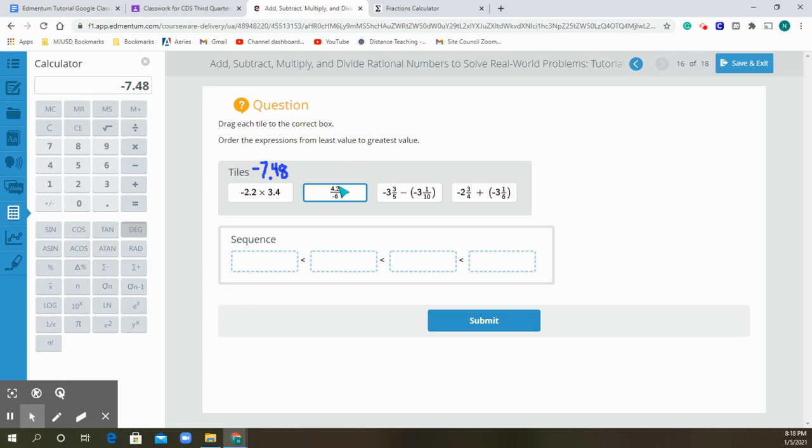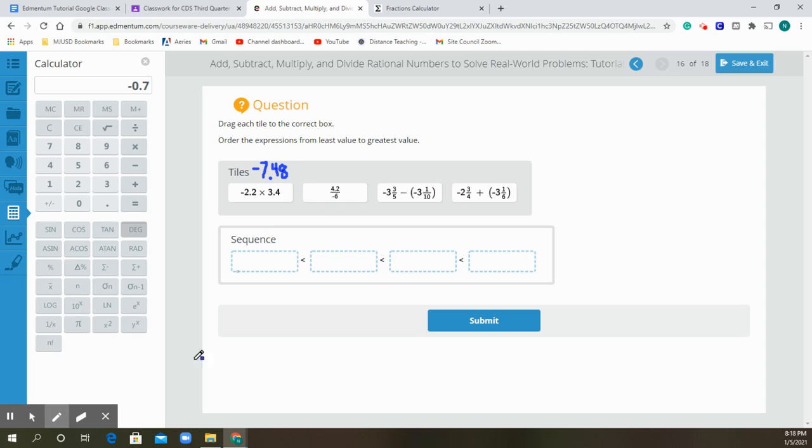4.2 divided by negative 6 equals negative 0.7.